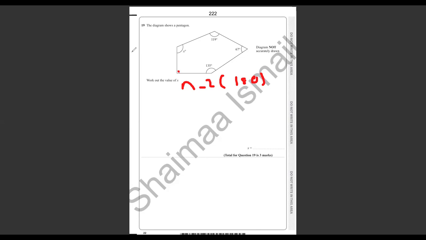We have 1, 2, 3, 4, 5 sides. So the interior angle sum will be 540, which is 5 sides minus 2, equal to 3, multiplied by 180.